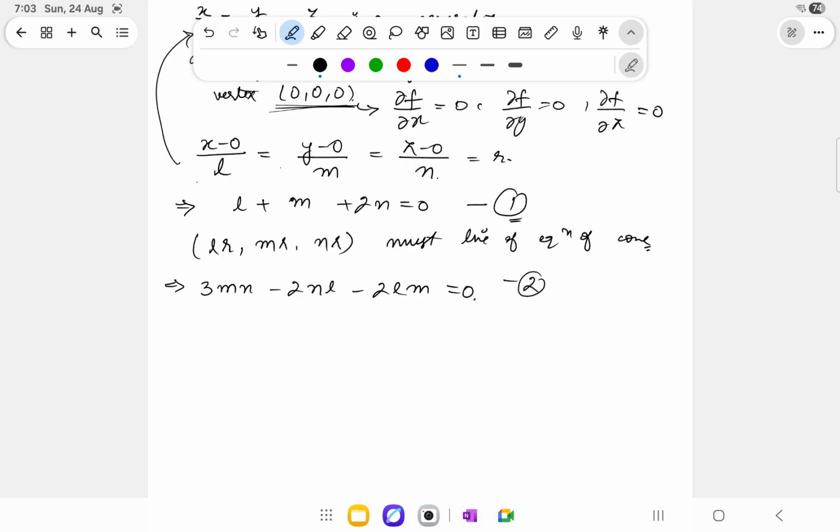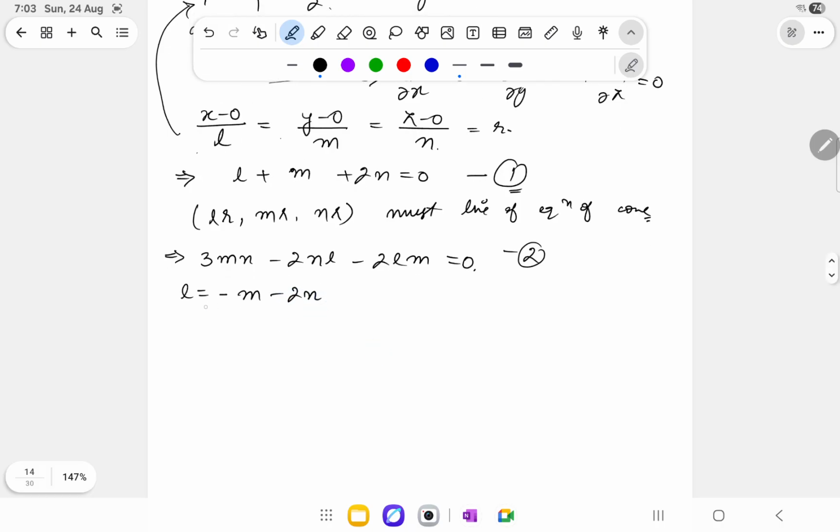So if I do so, using 1, I'll get my l as minus m minus 2n. Now I can just substitute the value of l in equation 2. So I'll get 3mn minus 2n into minus (m plus 2n), and likewise minus 2m into minus (m plus 2n) equals to 0.